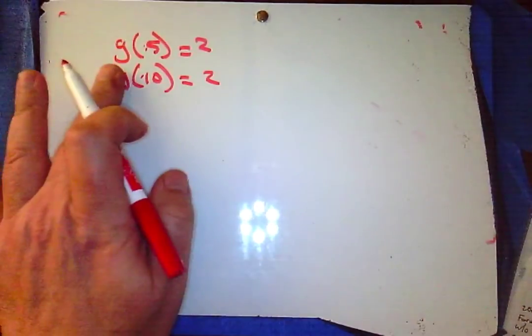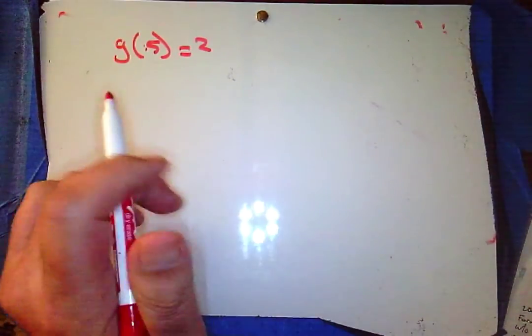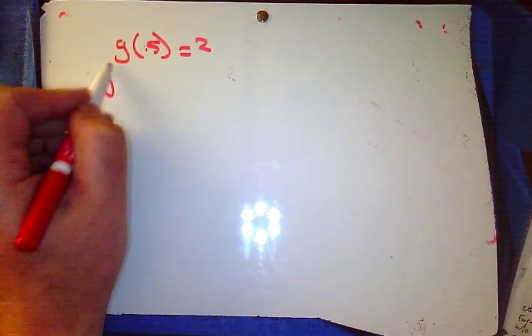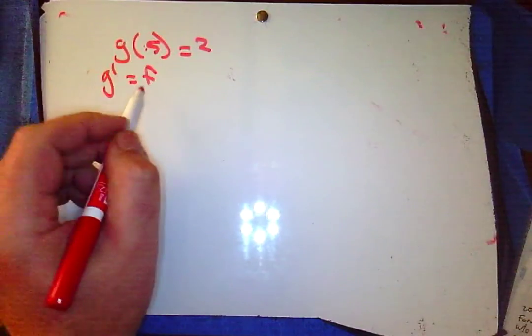Yeah? So that's what, oh, this is a graph of f. F has a period of 5. It's good to read, isn't it? Yes, f has a period of 5. Okay, so we know that g prime equals f. There we go.